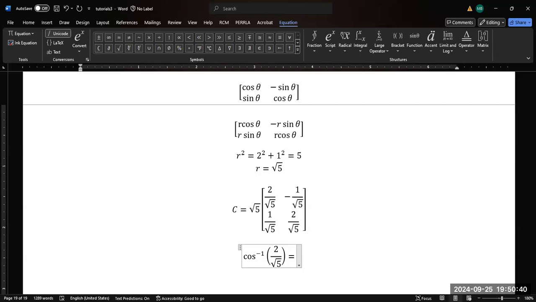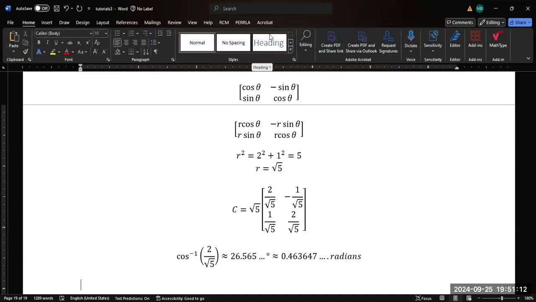In degrees, this is approximately 26.565 degrees, or if we switch back to radian mode, then this is approximately 0.463647 radians.